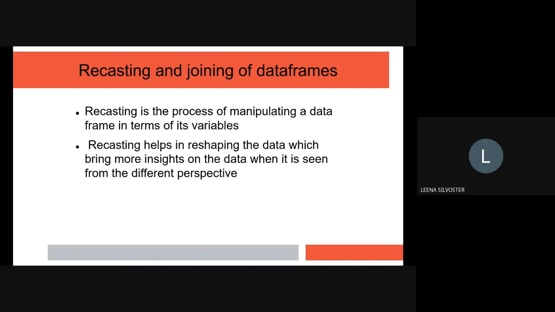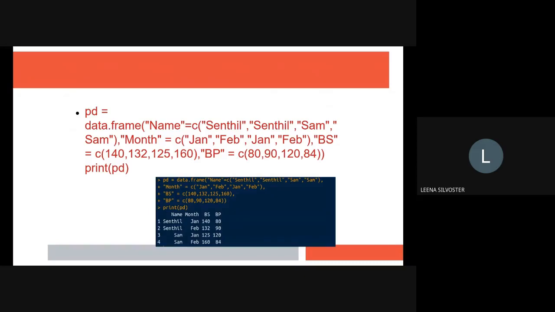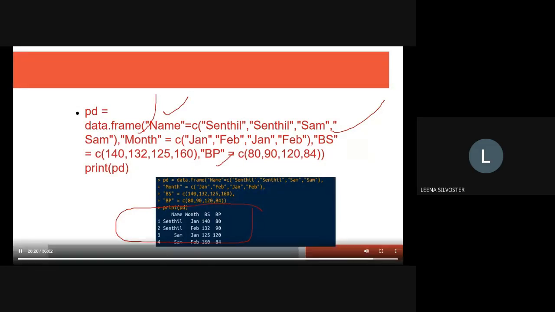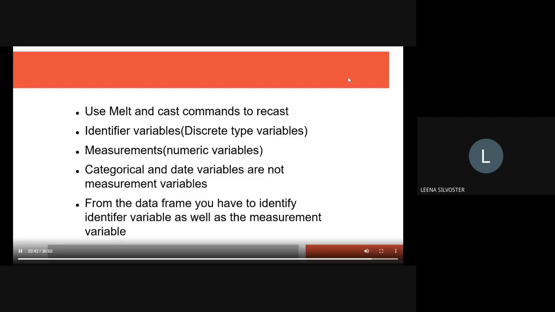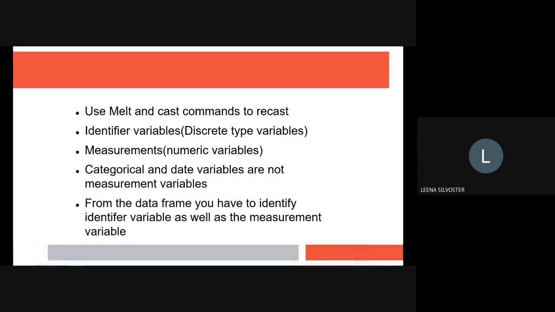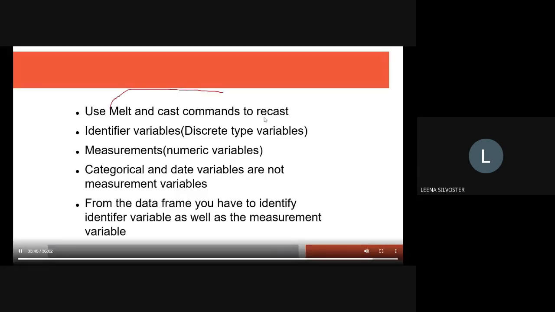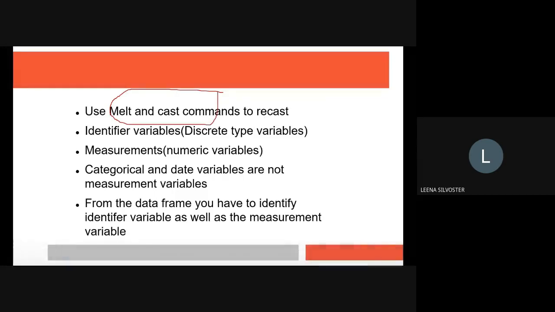Consider the previous database with 4 attributes: name, month, blood sugar and BP, and it is printed here. We are considering the same data frame once more. In order to recast, we use 2 commands, melt and cast. These commands are a little bit complicated.